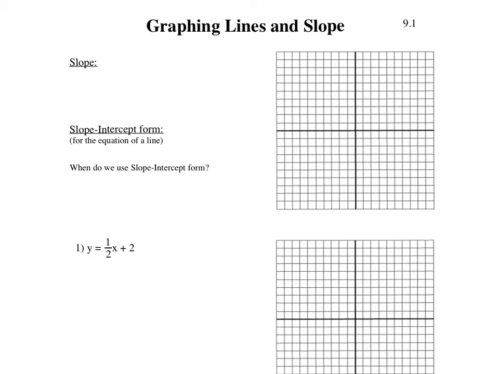All right, so what do you guys remember slope is? Hopefully we remember slope deals with rate of change, right? We don't want to ever forget this vocabulary. Slope is rate of change. That's the change in y over the change in x, and we represent that with the variable m.